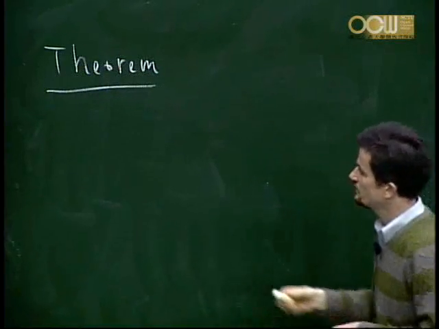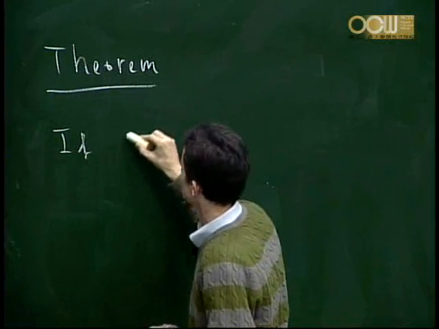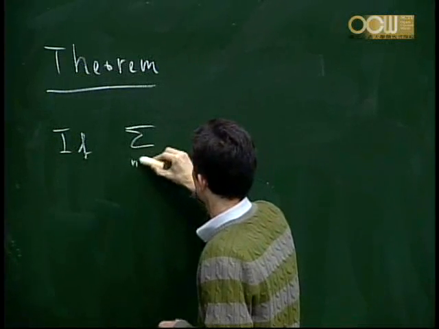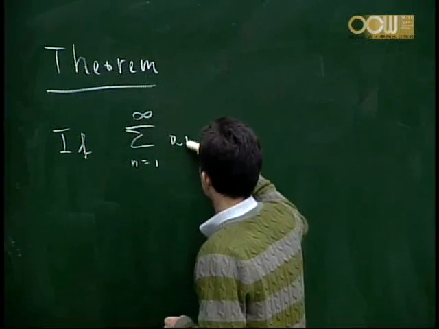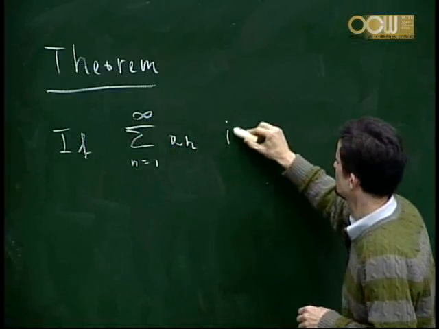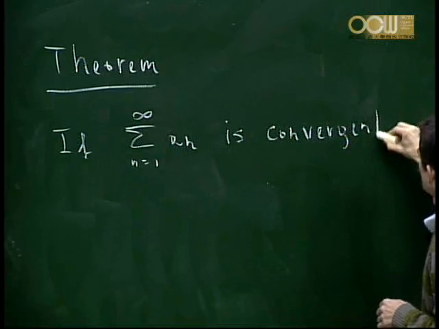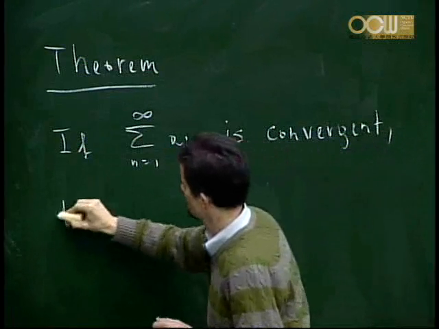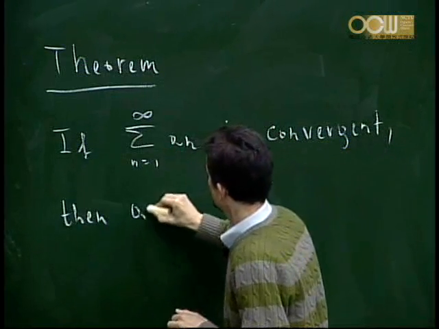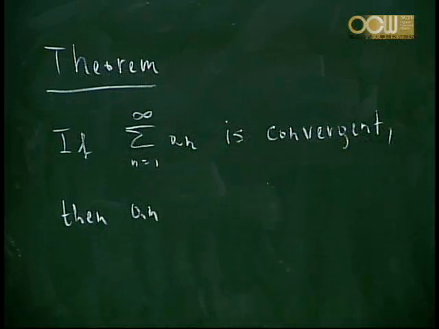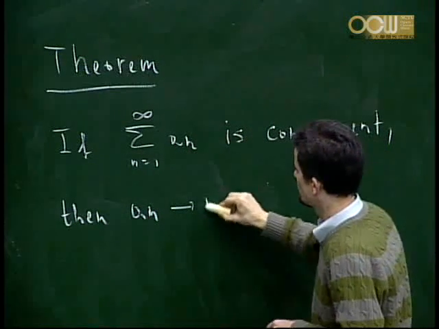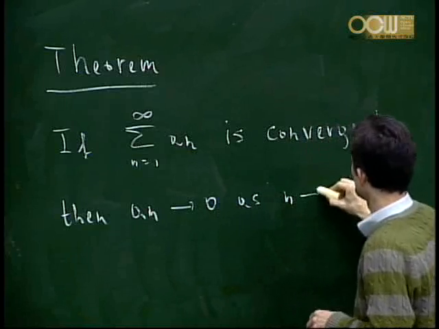If you have a given series which is convergent, then this sequence here, an, must tend to 0 as n tends to infinity.